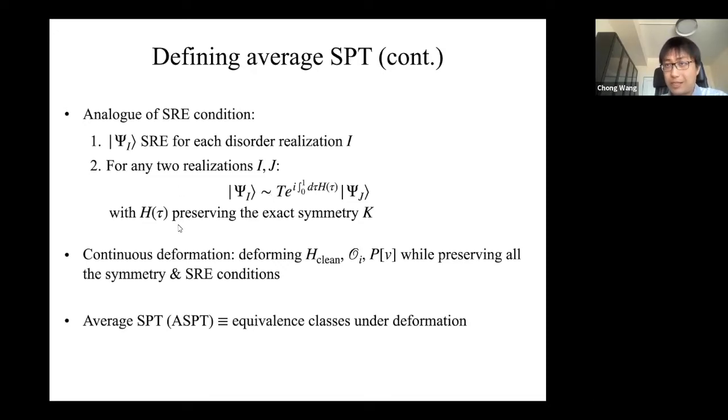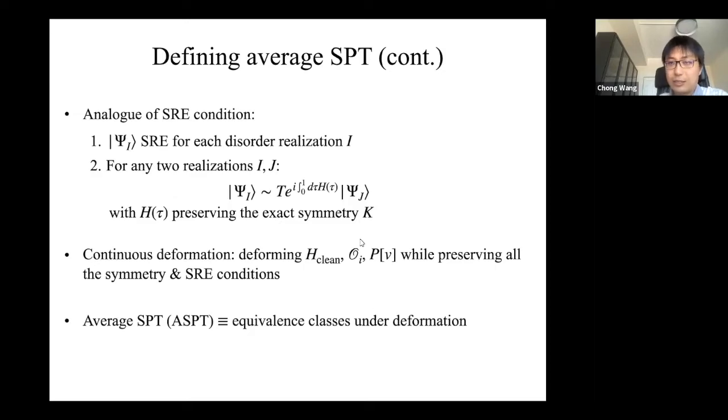By the way, let me emphasize that although I'm putting in this condition, I'm not assuming that the disorder is weak in any sense. The disorder can be pretty strong, but I want to maintain this adiabaticity. Okay, and then I'm finally ready to really define my game. Analogous to adiabatic evolution of my Hamiltonian, I can define continuous deformation of my system.